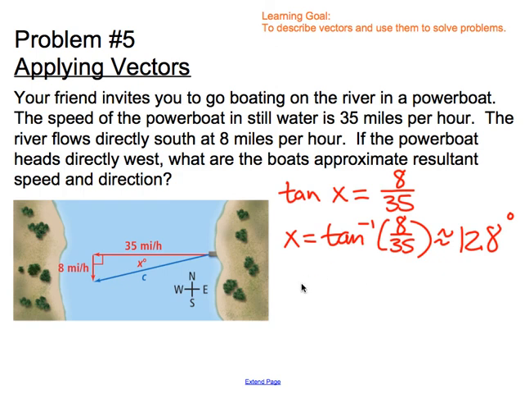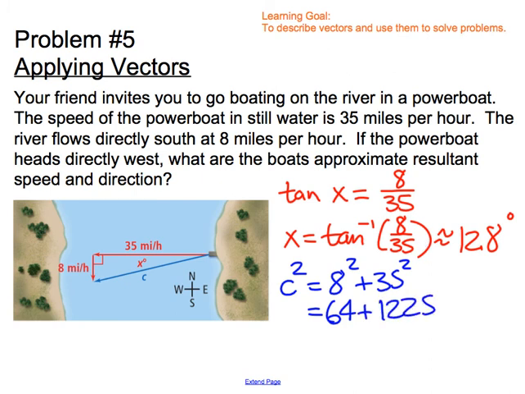Now to find c squared, we know that c squared equals 8 squared plus 35 squared. 8 squared is 64. 35 squared is 1225. So the total here is 1289. And so c is approximately 35.9 miles per hour.